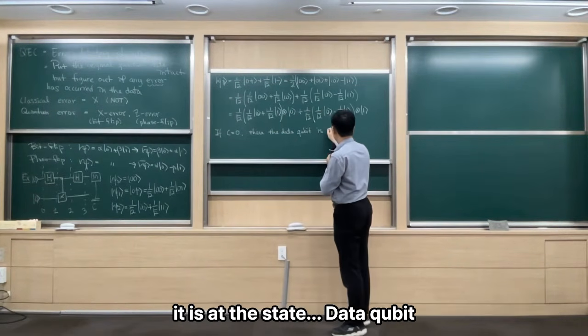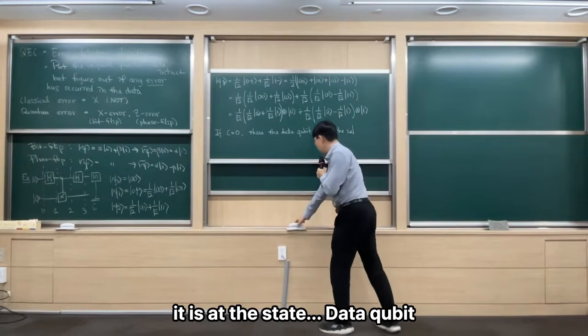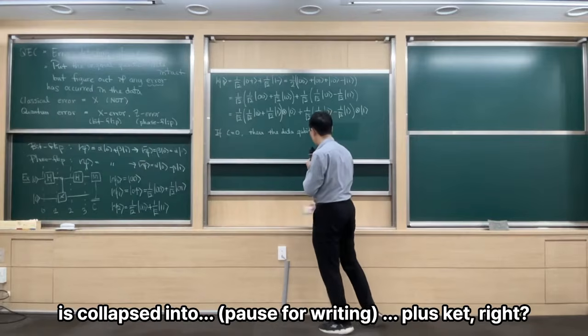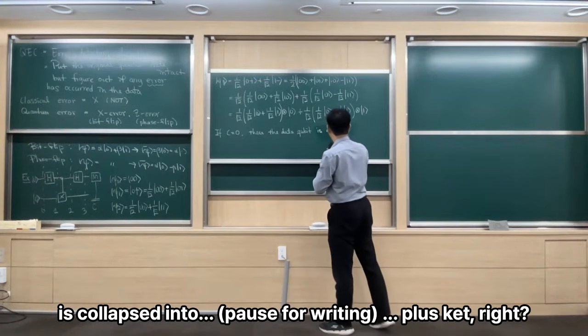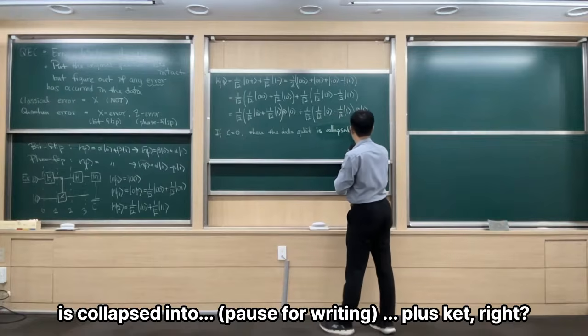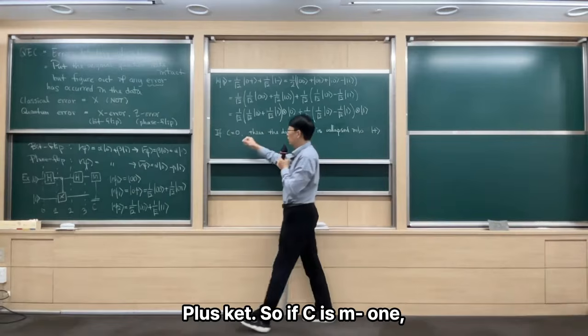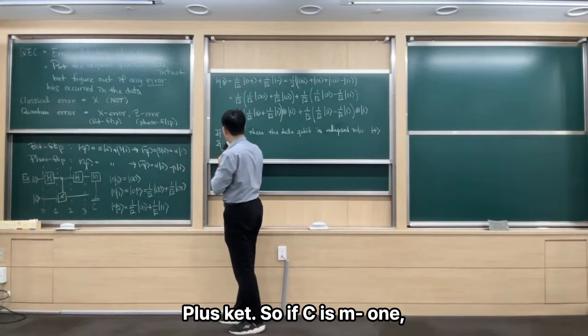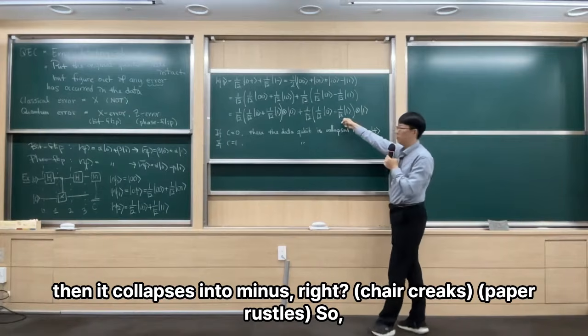The data qubit is collapsed into plus ket, right? Plus ket. So if C is 1, then it collapses into minus, right?